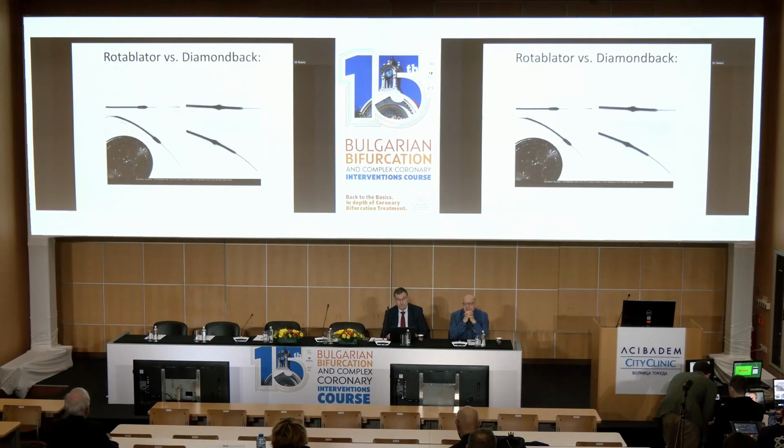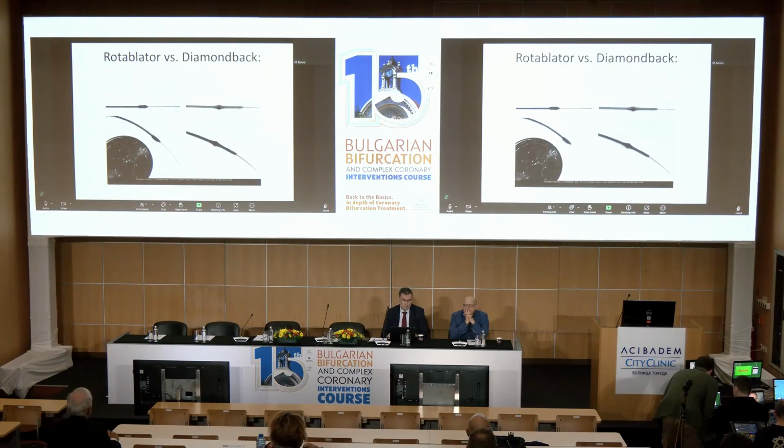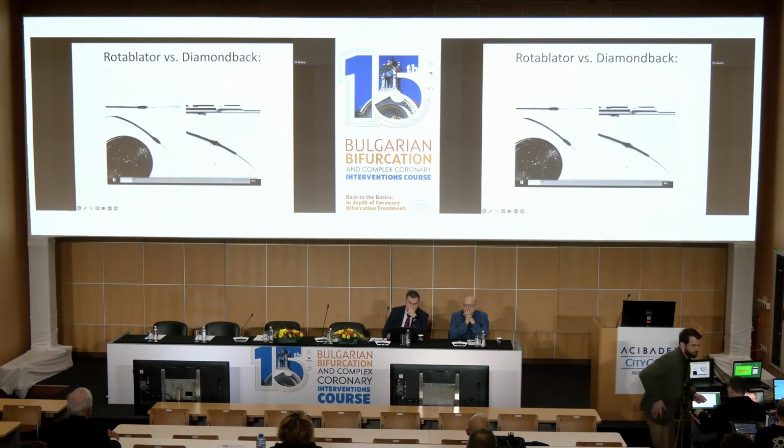What I want to show you with orbital atherectomy, there is a metal cone, and the crown is in the middle here. There is a distance of around 6-7 millimeters. And sometimes you are not able to bring the crown to the proximal cap. This is different in rotablator, but this is a limitation. I have done now around 160 such cases.